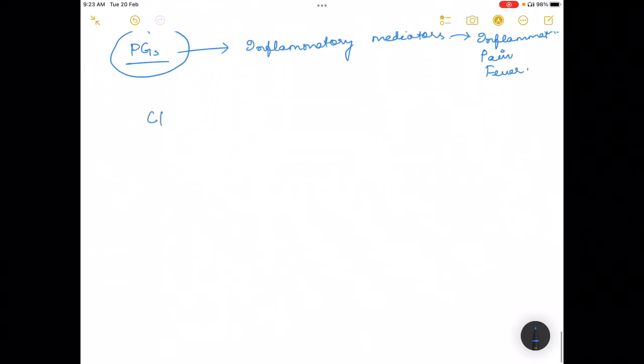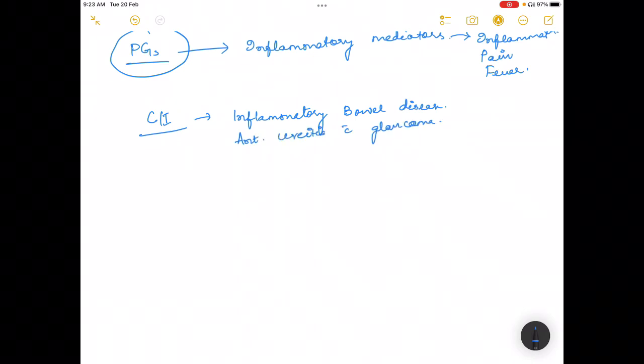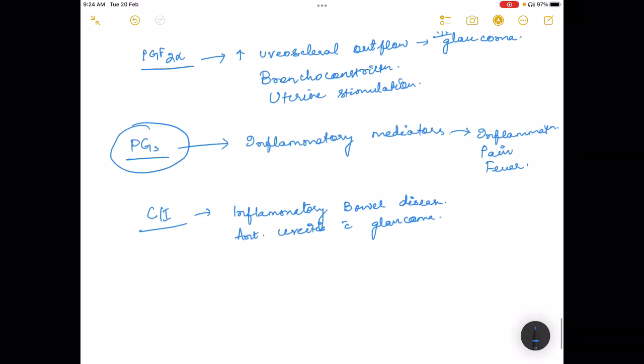So the analogs of prostaglandins are contraindicated in inflammatory conditions like inflammatory bowel disease. The topical eye drop preparations are contraindicated in inflammatory conditions of the eye like anterior uveitis with glaucoma. And these uterine stimulants are also contraindicated in pregnant women.